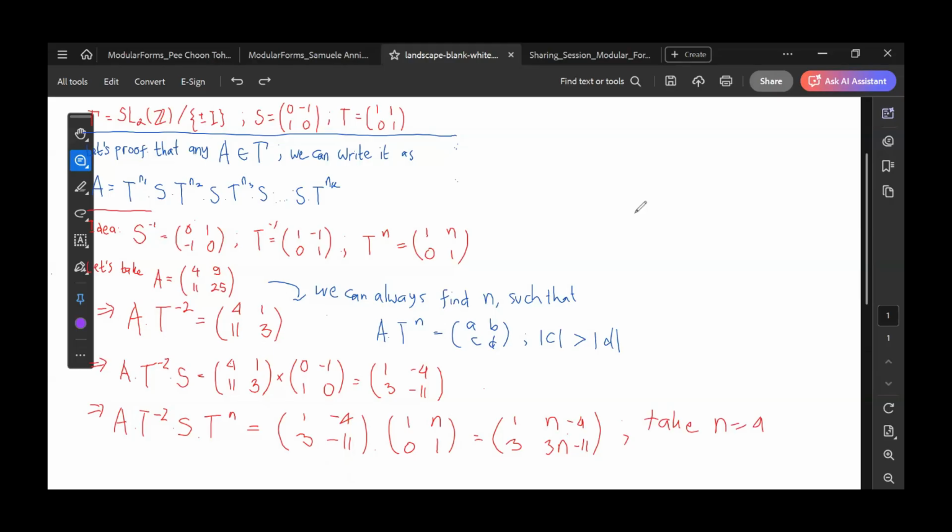We will have T to the minus 2 and T to the 4, right, this is 1 0 3 and 1. So now this one, the absolute value is bigger than the absolute value of 1.